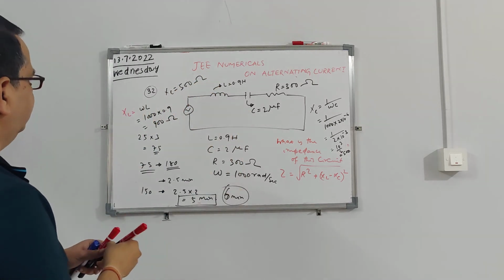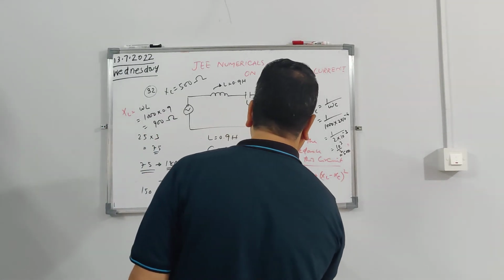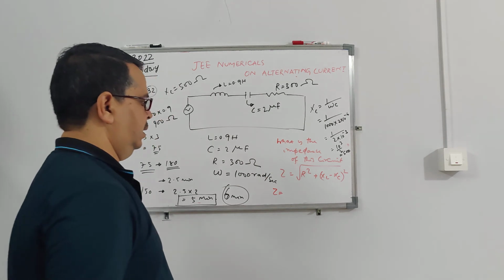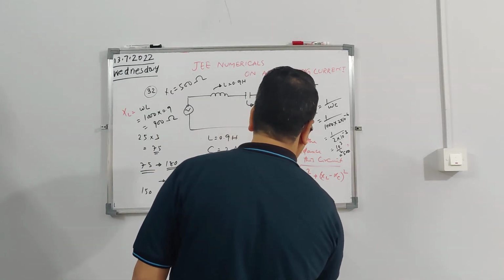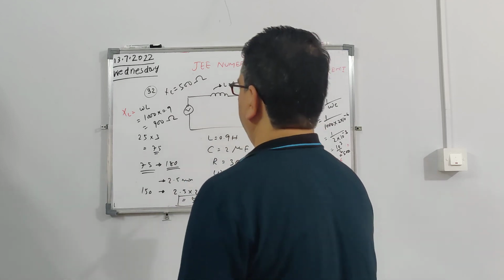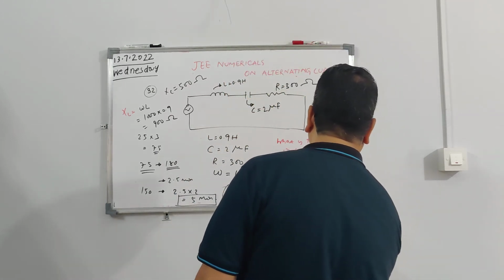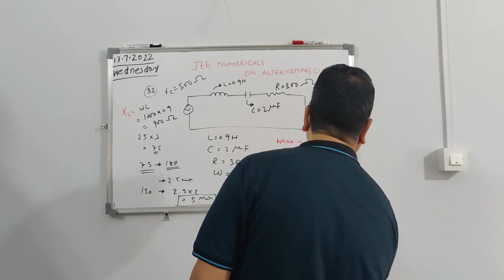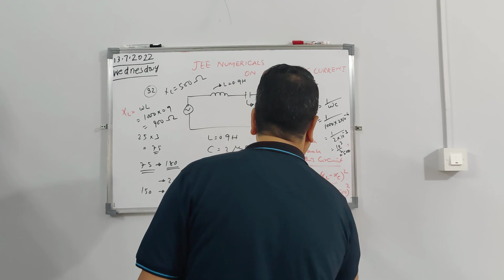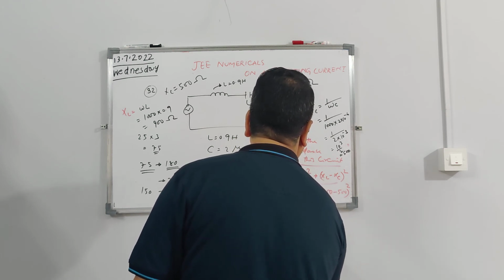So you know your XL, you know your XC, and now you have to find the impedance. This is the square root of 300 square plus (900 minus 500) square.